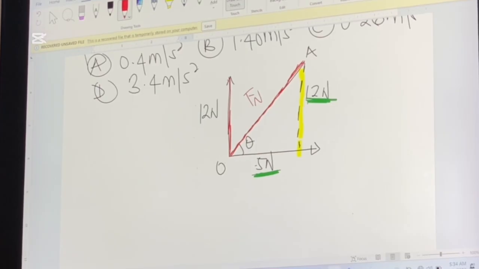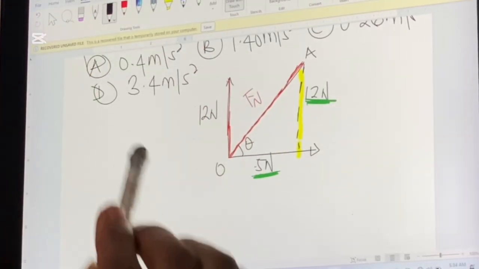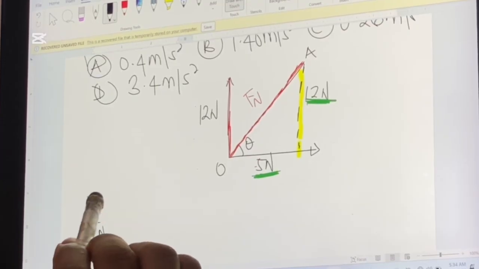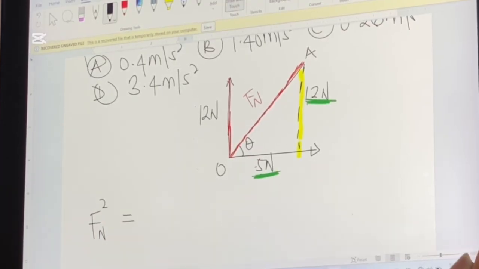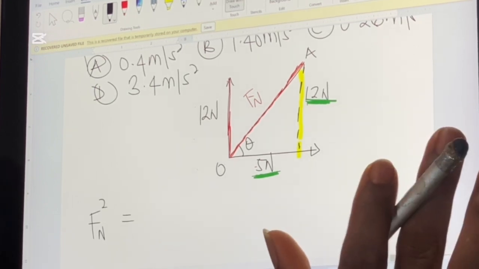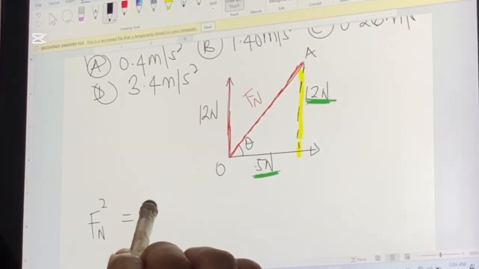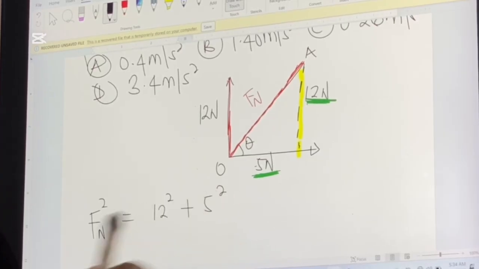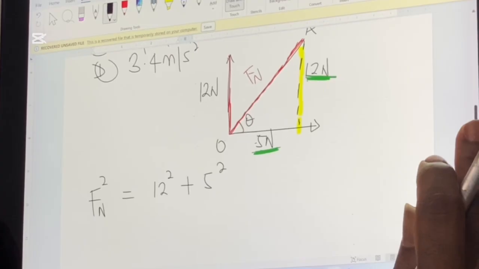Okay, so now let's apply Pythagoras theorem here. We say the square on the hypotenuse is equal to the sum of the squares on the other two sides in a right angle triangle. Please take note. So this will be 12 squared plus 5 squared. Okay, let's simplify this.